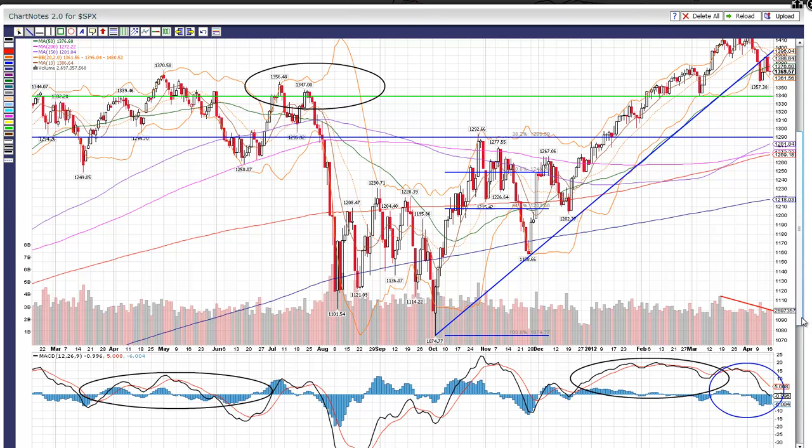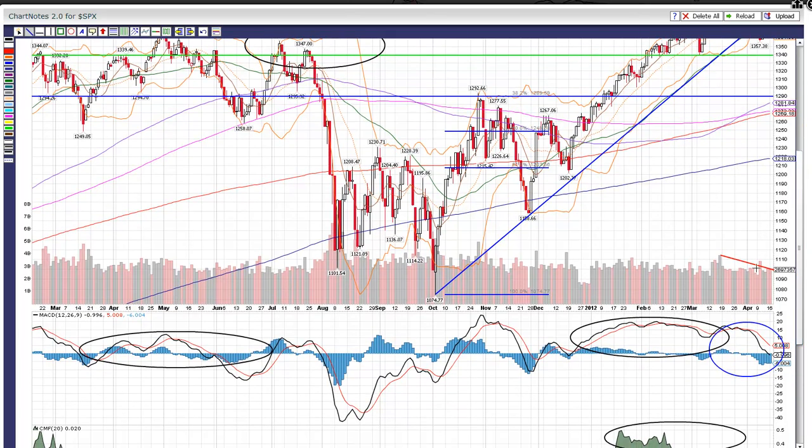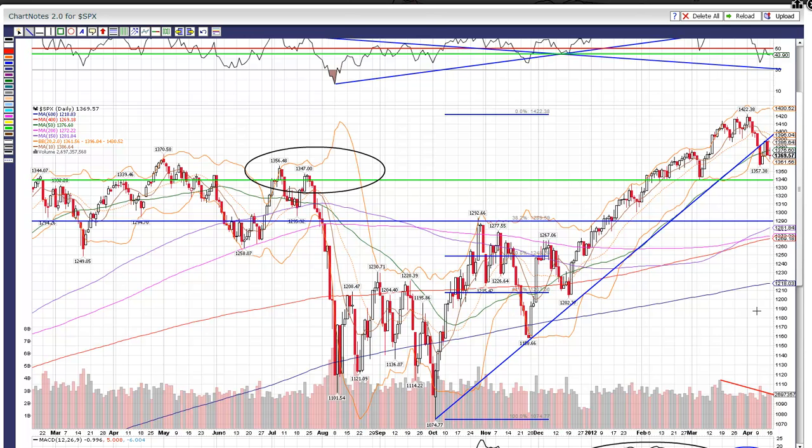Now, when volume decreases on a pullback, that's healthy. So even to pull back to this area, if we do it on less volume than we went up, that's going to be bullish.